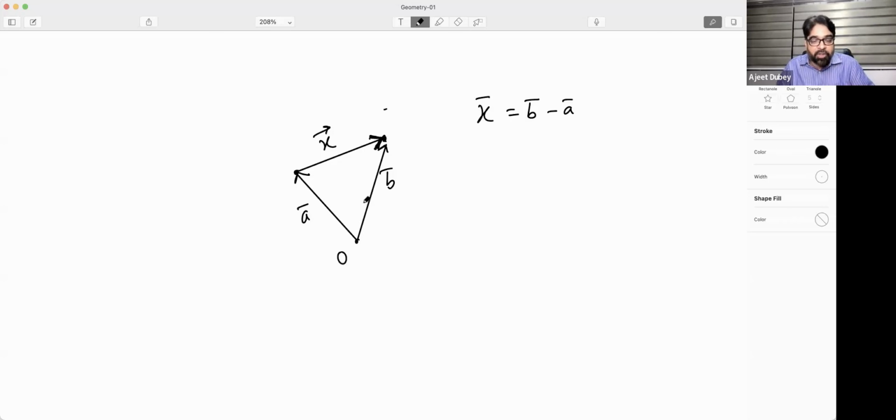Because this point joined with the origin is B. A position vector means that vector which starts from the origin. That is very important; you have to understand that point. Now look at this, everybody. This is the origin.